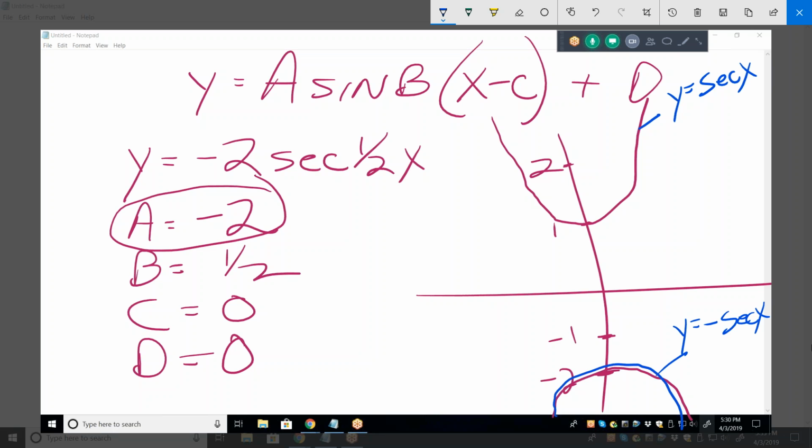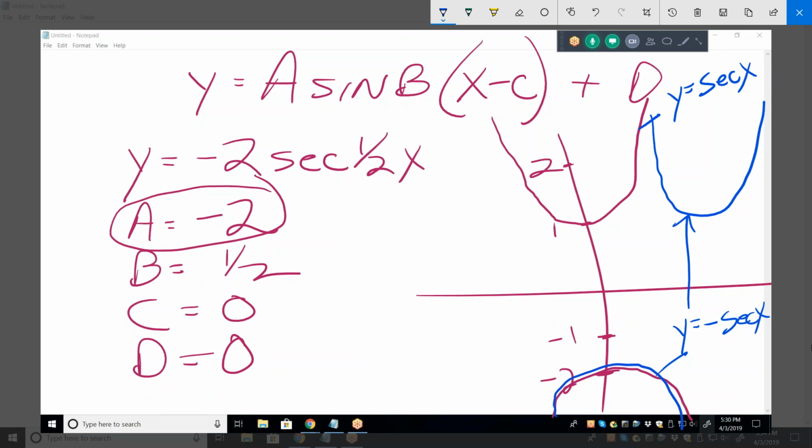There is another period, which would go basically up here. In other words, the blue graph, top and bottom, is y equals -secant x. You with me? Yep. You know why there's 2? There's top and bottom.